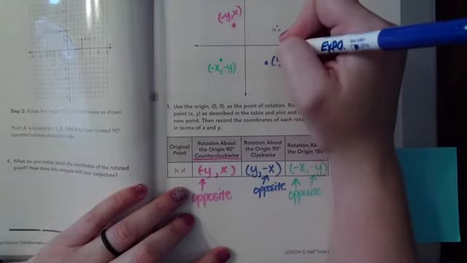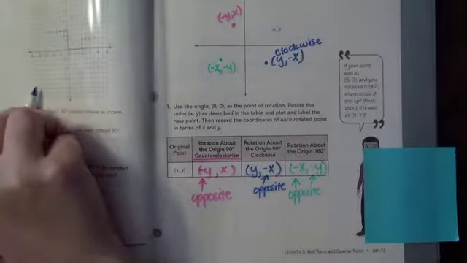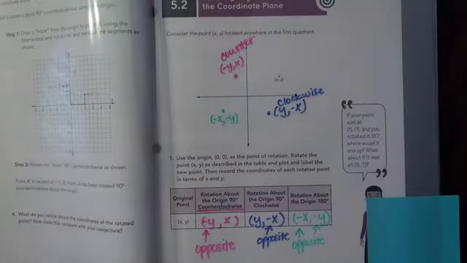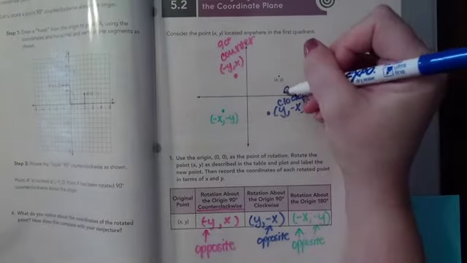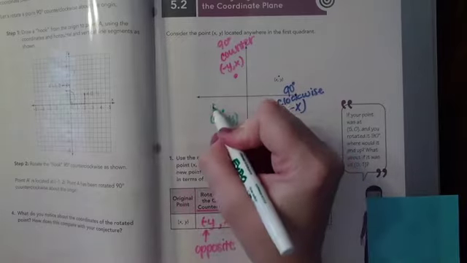So this one was clockwise. This one is counter, that's 90 degrees. 90 degrees. And then this one was 180 degrees.